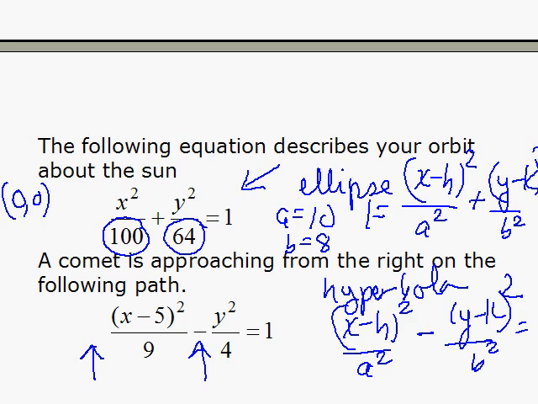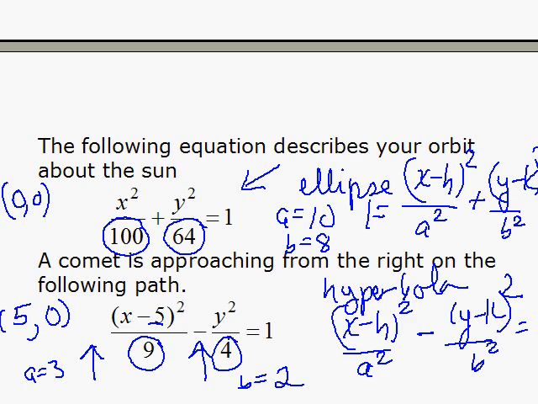In this case, h is 5, k is 0. So the center of this is x of 5, y of 0. Okay, the a squared appears here. That gives me an a of 3. The b squared appears here, so we have a b of 2.